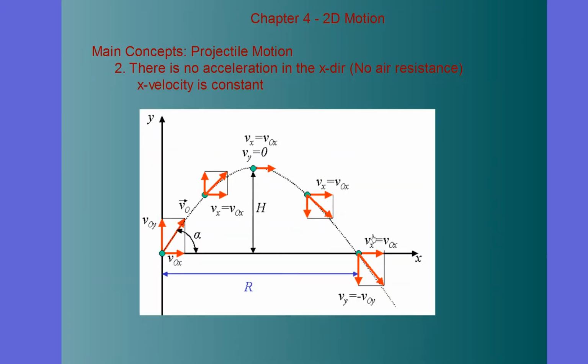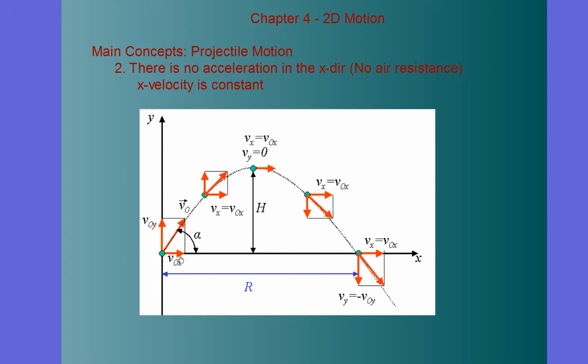We haven't talked about forces yet, but you all know what forces are, and you know that forces can cause things to speed up or slow down. If you push on something, you can either speed it up or slow it down depending on the direction of your push. But in this case, as long as we consider that there's no air resistance acting in the x direction, then there are no forces.